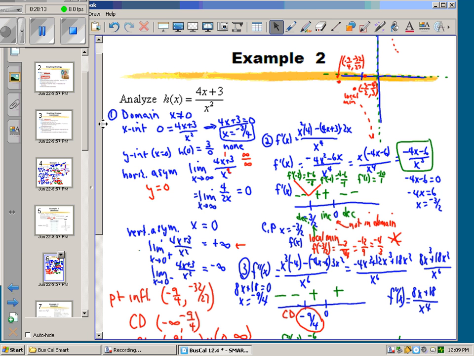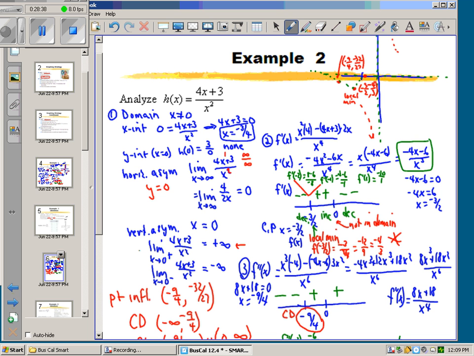Now let's see what's happening with the graph. We're told that it was increasing or decreasing to start with. So it's got to be decreasing until it gets to negative 3/2. So it's coming all the way down until it's getting to negative 3/2. Okay. At negative 3/2, it's going to start going up. It's got to get to that point.